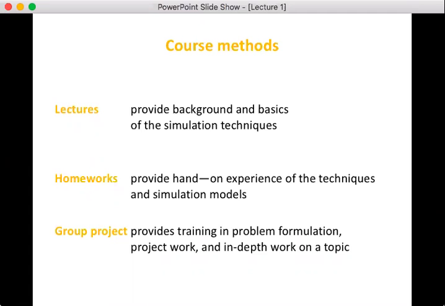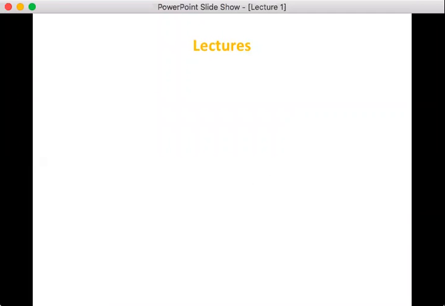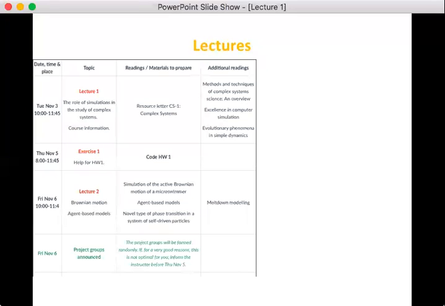So let's start with the first part of the course: the lectures. If you go on the Canvas page, you will find a clear schedule of everything that is going to happen in the course in chronological sequence.